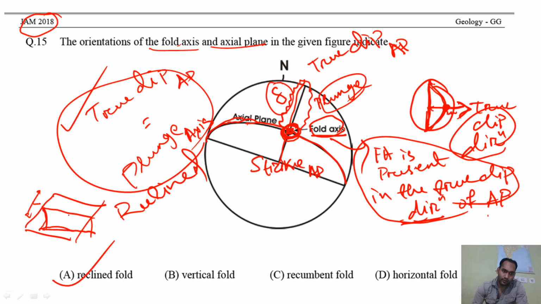Okay, so here you can see the hinge line or the fold axis. The fold axis or the hinge line is in the direction of the true dip of the axial plane. So the true dip of the axial plane will be equal to the plunge of the hinge line or the plunge of the fold axis. So it is a reclined fold. The answer is reclined fold.